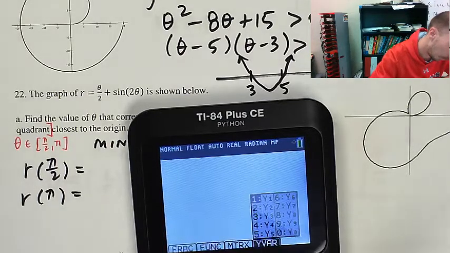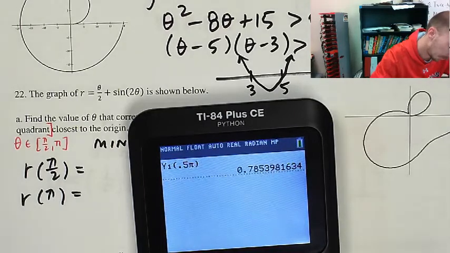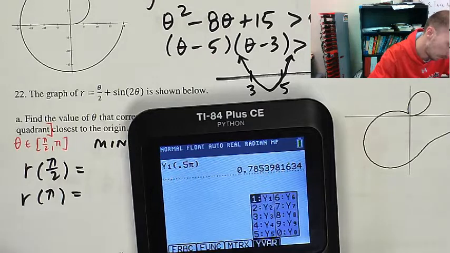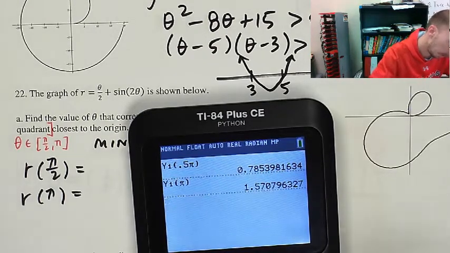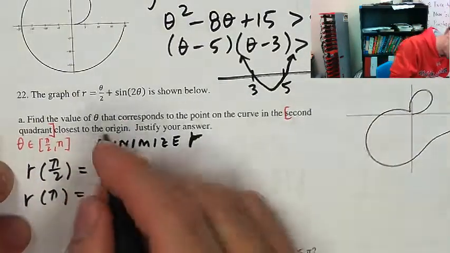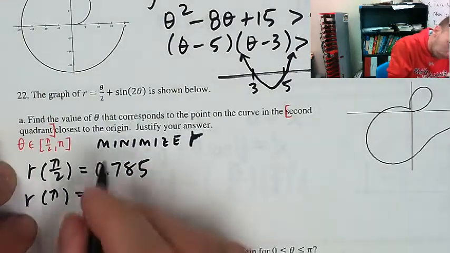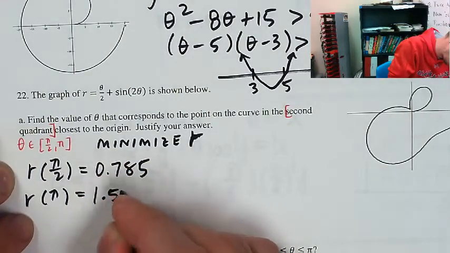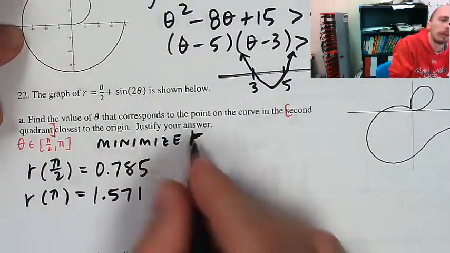So y1 with pi over 2 plugged in, and y1 with pi plugged in, and then I've got these numbers, so 0.785, pi was 1.571.